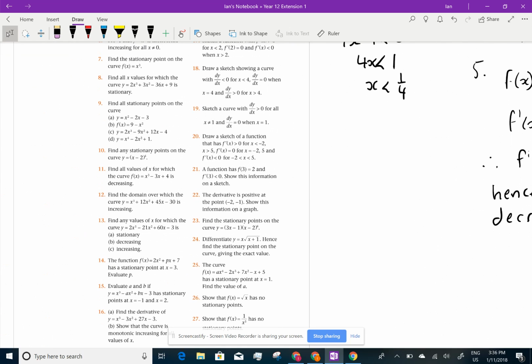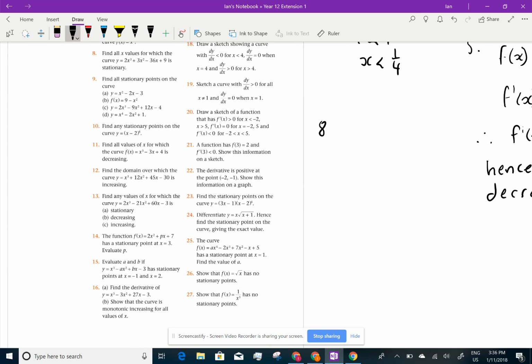Now let's have a look at some of these other ones. Question 8. Find all the values for which this curve is stationary. It's a cubic: y equals 2x cubed plus 3x squared minus 36x plus 9. y dash equals 6x squared plus 6x minus 36.